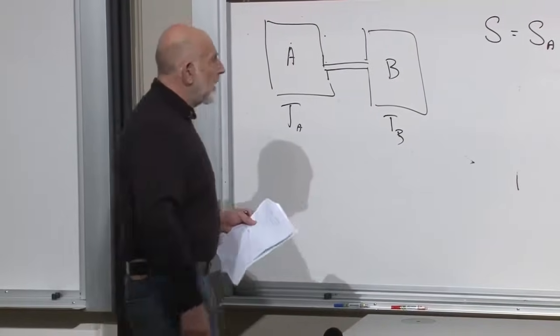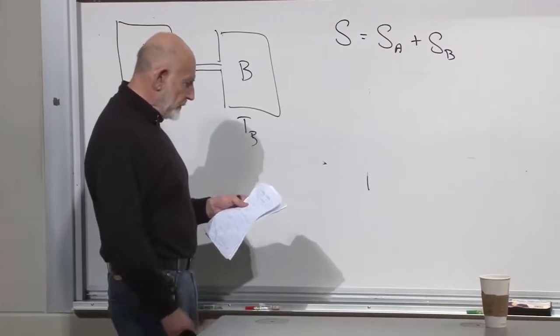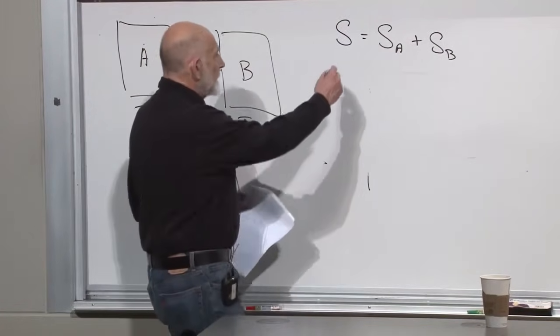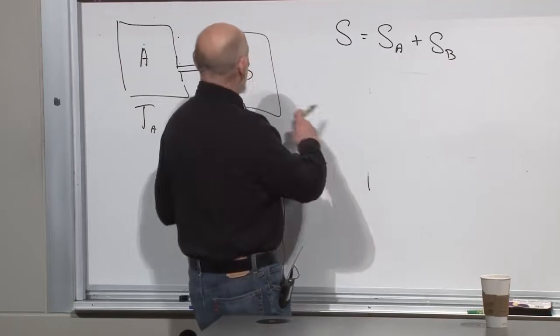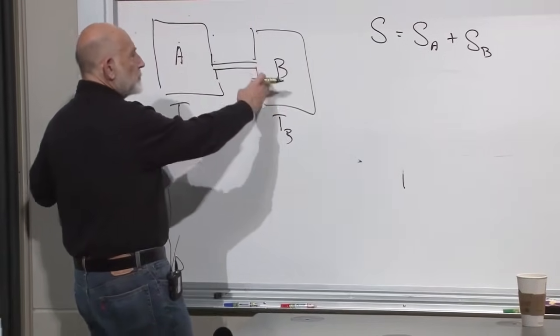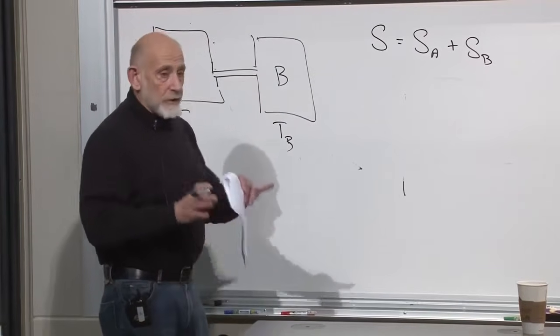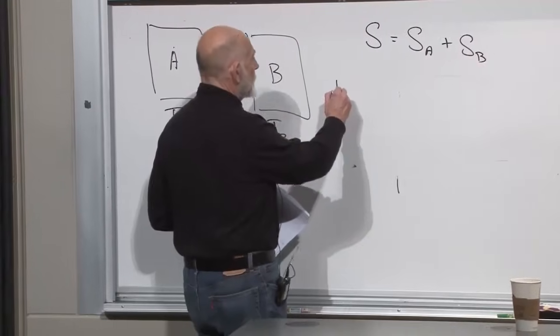Another useful fact. We're going to write down some useful facts. The second useful fact is that when the system equilibrates by exchanging energy, the total energy is conserved. Here's the first law of thermodynamics.